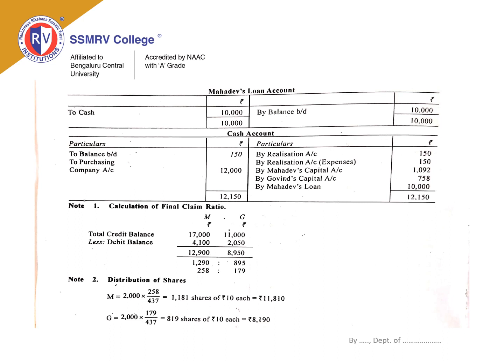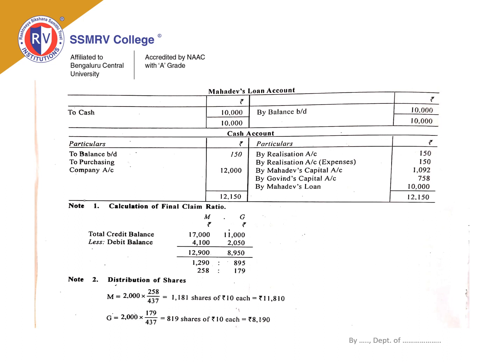And how is this 12,000 utilized? It is utilized to pay realization expenses of 150 rupees. Then we have paid Mahadev's loan 10,000, and the balance is paid to the partners to settle their capital account, to close their capital account.